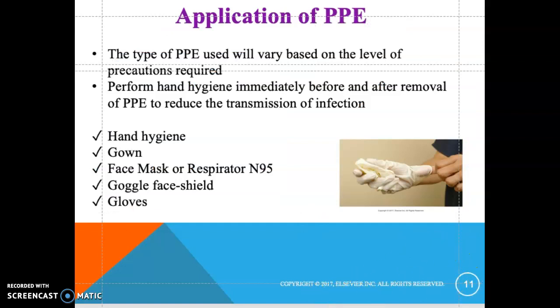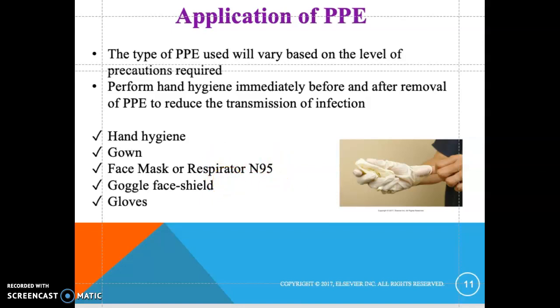As we know, personal protective equipment will vary based on the clinical situation. For example, if you have a patient with active TB, tuberculosis, the patient will be placed in a negative pressure room, and you will be required to wear an N95 mask for that patient.